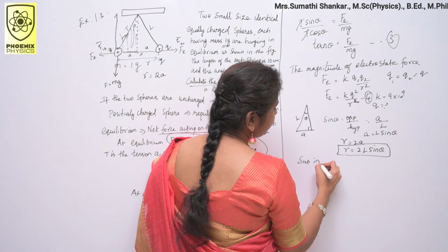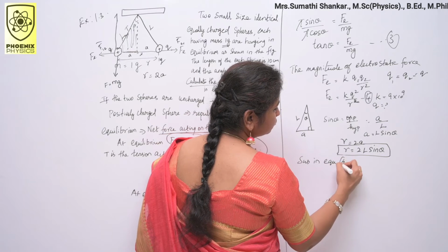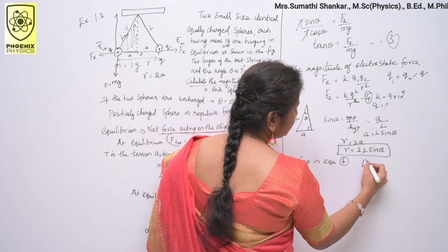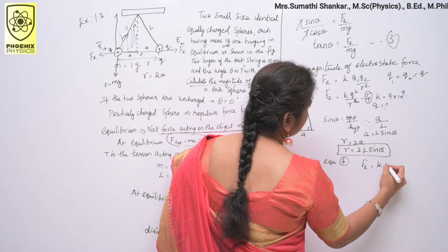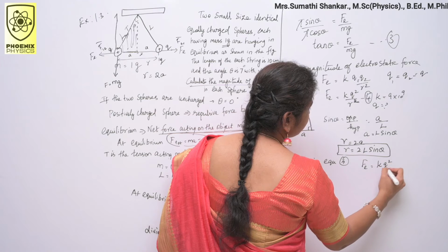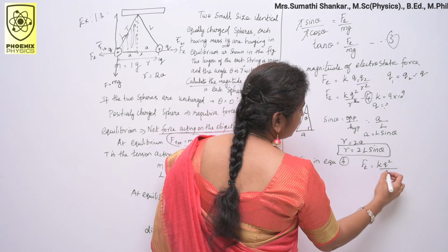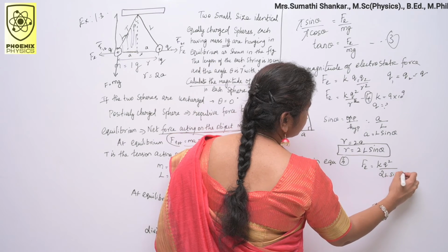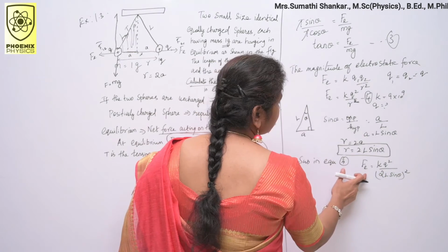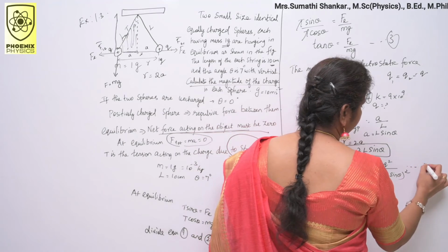Substitute in equation 4. That is Fe is equal to K Q square divided by 2L sine theta the whole square. This is our equation 5.